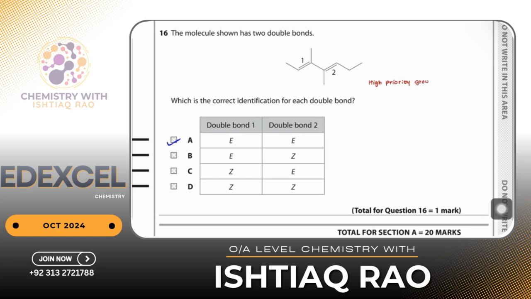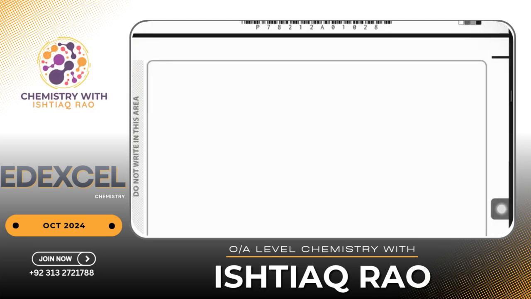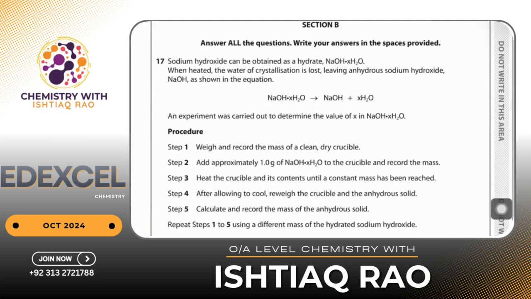High priority groups are on opposite sides. That's why they are going to be trans. And when it is trans, it's going to be E. Cis is Z. That's all for MCQs. Okay.